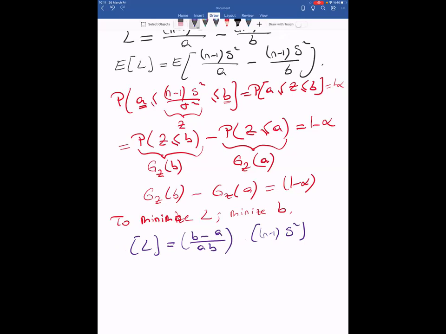This part does not have anything that should be minimized or maximized, so it is not part of our optimization problem. So to be able to minimize L, we need to minimize B. Let's try to get that. So minimize B for this. And then we have one constraint, the CDF condition we have.